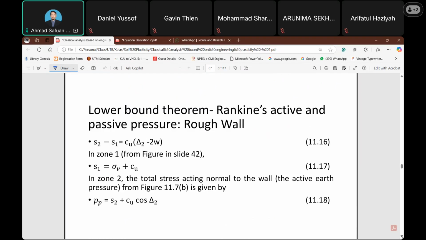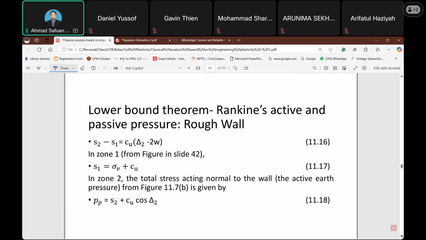In zone 1, from the figure in slide 42 or figure 11.8a, sigma 1 is equal to sigma V plus Cu. Then in zone 2, the total stress acting normal to the wall from figure 11.7b is given by equation 11.18.